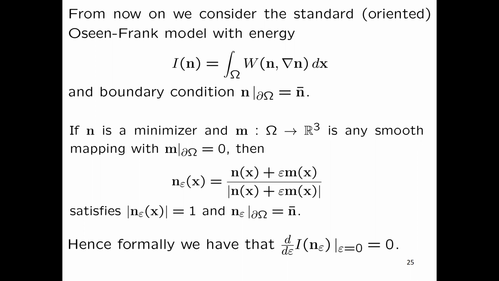So what happens when you take the derivative? Well, you have to know what the derivative of n epsilon is with respect to epsilon. We'll see that in a second. But you're going to have to take the derivative of W with respect to n and multiply it by the derivative of n epsilon with respect to epsilon, and then you're going to add the derivative of W with respect to the gradient of n, and multiply that by the gradient of the derivative of n epsilon with respect to epsilon.